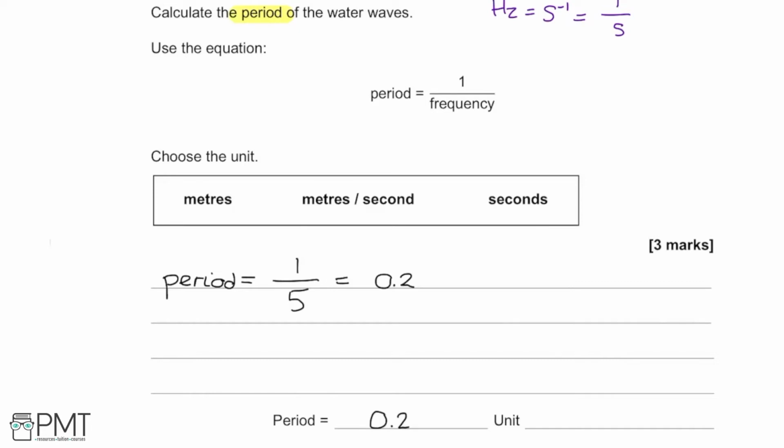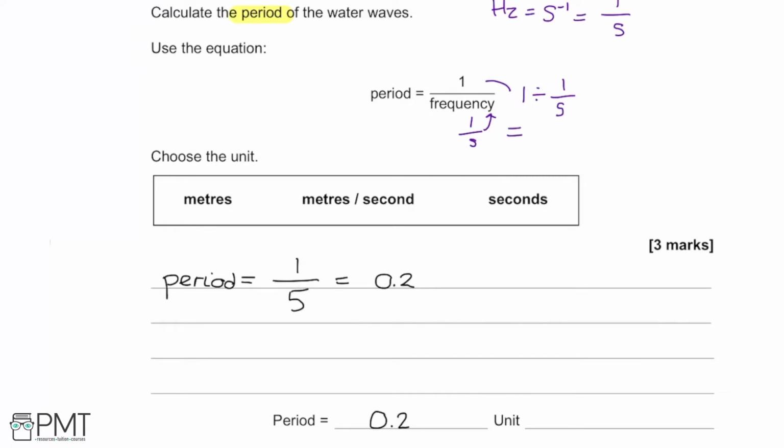So if I go back up to the equation, we have the units for frequency, and a good way to use these in this sense is going to be as 1 over seconds, the units for frequency. The 1 at the top here doesn't have any units, it's just a value. So to find the units for period, we're going to do the 1 divided by the units for frequency, which is 1 over second.